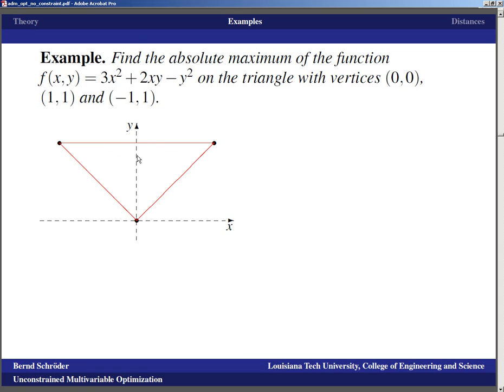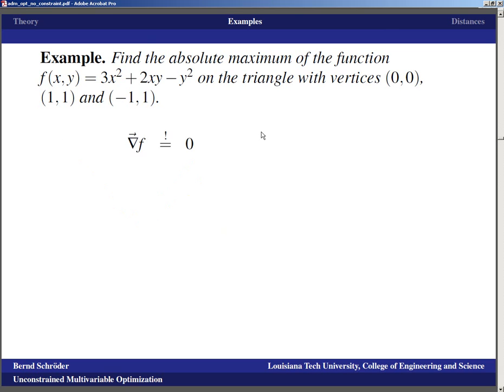Well, that means we first have to figure out if there are any extrema on the inside of the triangle, and then we also have to find out how the function behaves on that boundary. And that shouldn't be too bad, because on the boundary we can just plug in linear parameterizations of line segments.